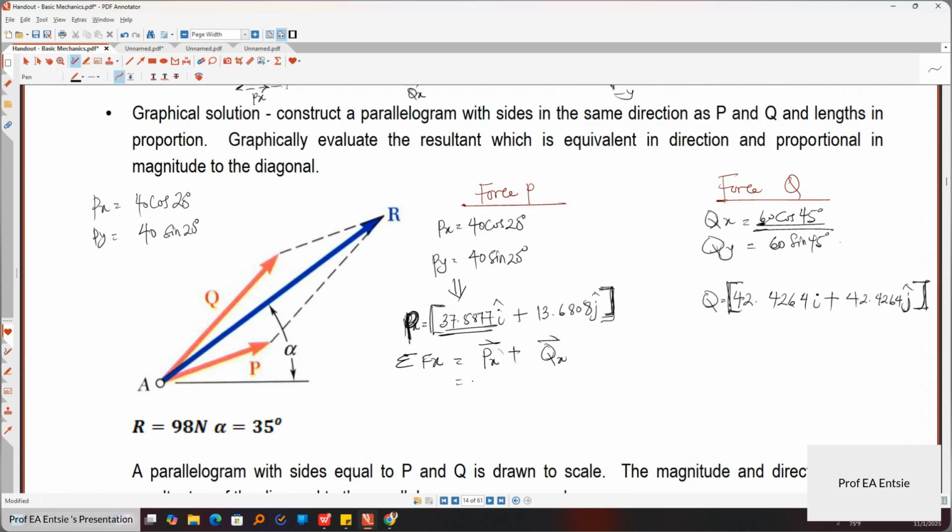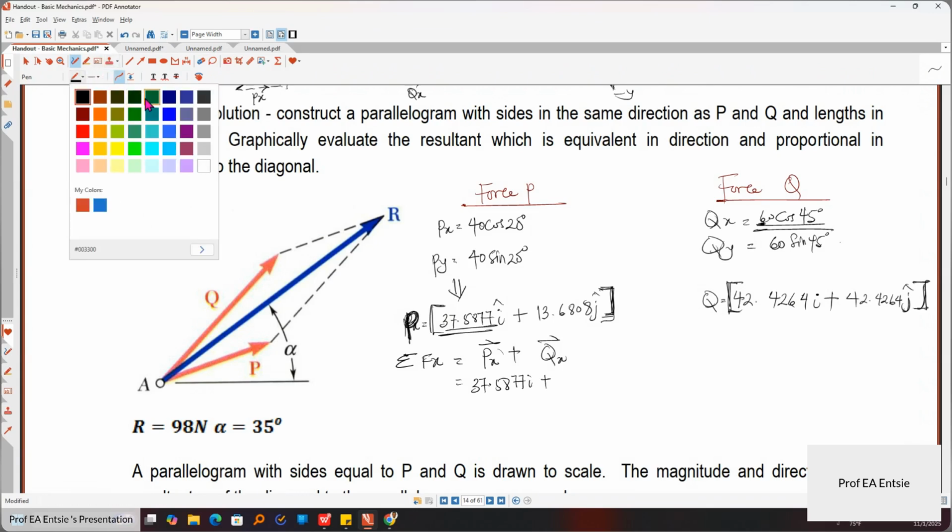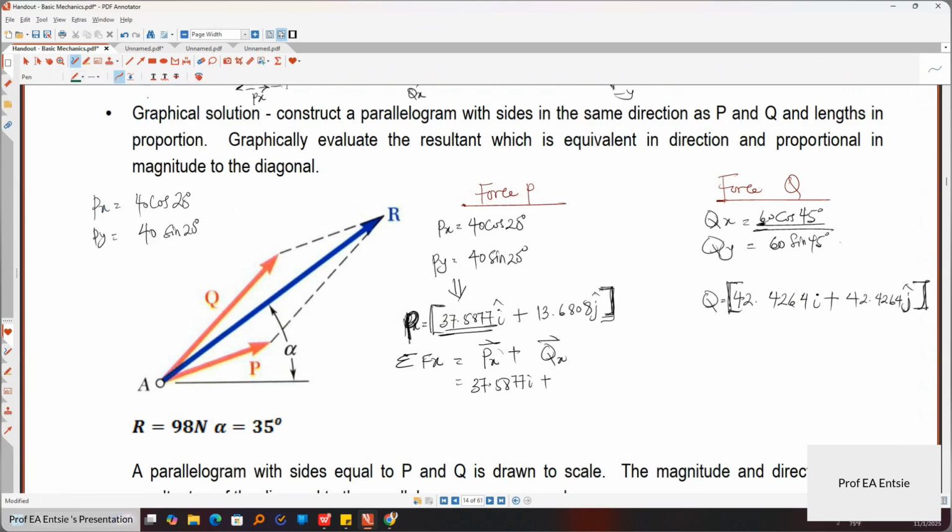So if we do that, the x component of P is 37.5877I plus, let me change the color, black is dominating, green, plus the x component of Q, which is 42.4264I.